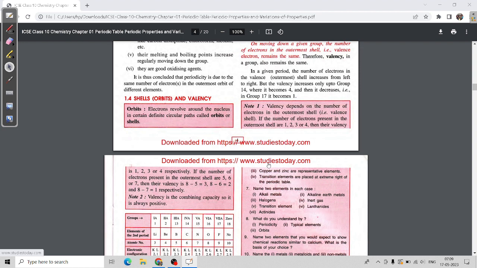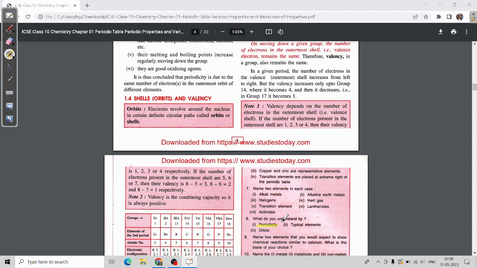Okay, now what do you understand by periodicity and typical elements? Periodicity, as I have told you, is when properties reappear at regular intervals of elements.